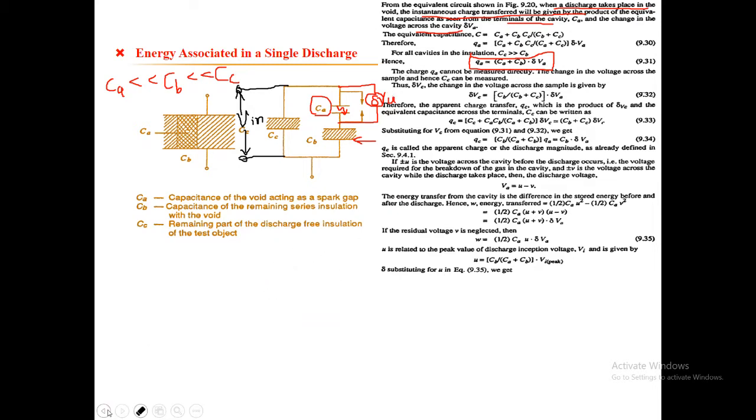The charge that we cannot measure directly, so the change in the voltage across the sample, and hence CC, can be measured by introducing the apparent charge. Normally in the partial discharge test we adopt the method of calibration, which suggests that the unknown quantity can be measured by applying a known magnitude which can produce a similar effect.